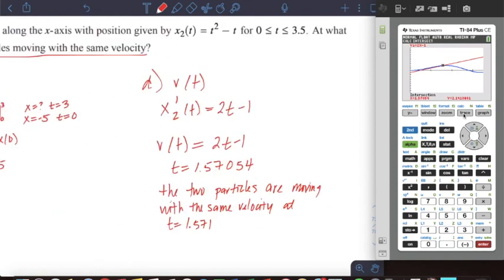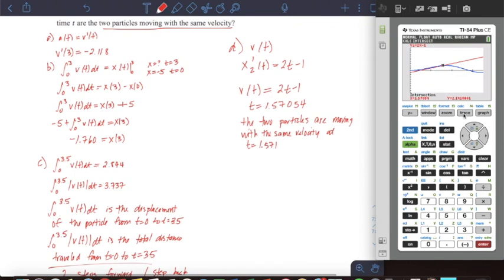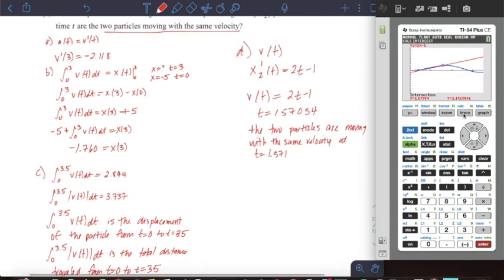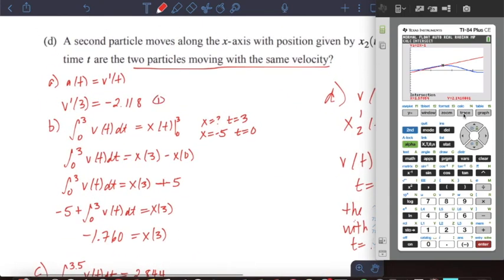Okay. As far as grading is concerned on this one, you would get 1 point for part A, 3 points for part B: 1 point for using this integral, 1 point for using the initial condition, and 1 point for getting your final answer.